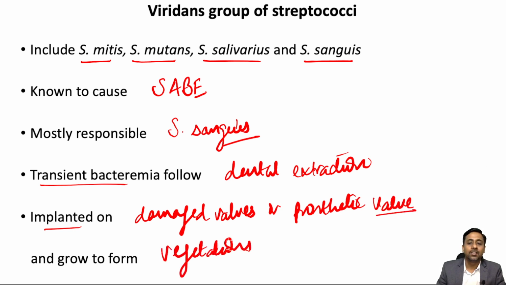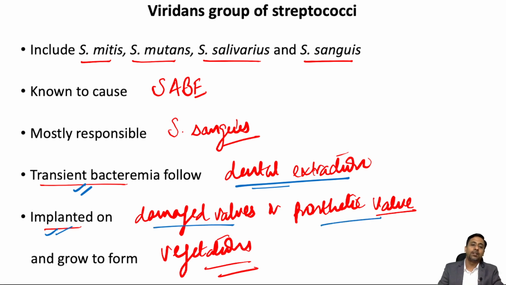This is the pattern of infection seen in the alpha hemolytic Viridans group of Streptococcus. So the patient gives a history of dental extraction, and after that transient bacteremia, that means the bacteria enter the bloodstream, reach the heart, implant on the damaged valve or prosthetic valve and form a vegetation or intracardiac mass.